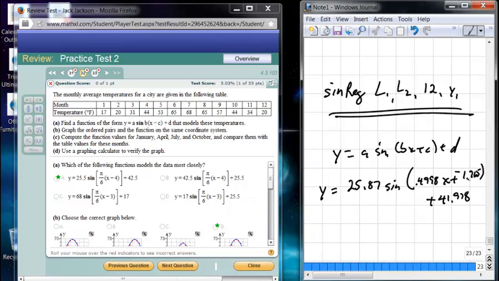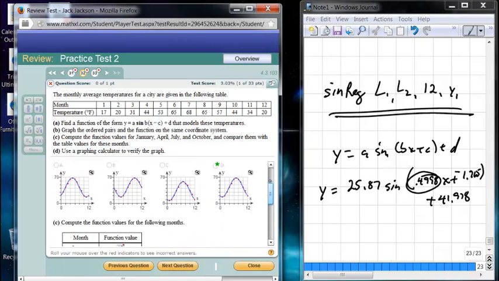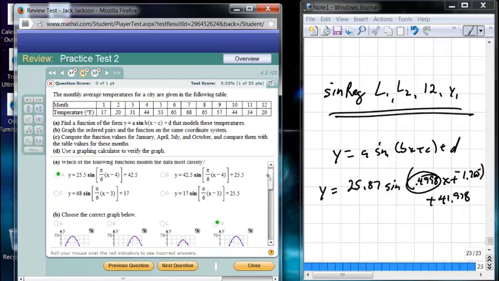Okay, well they're factoring this out. So they're factoring out, this should be a half. Okay.